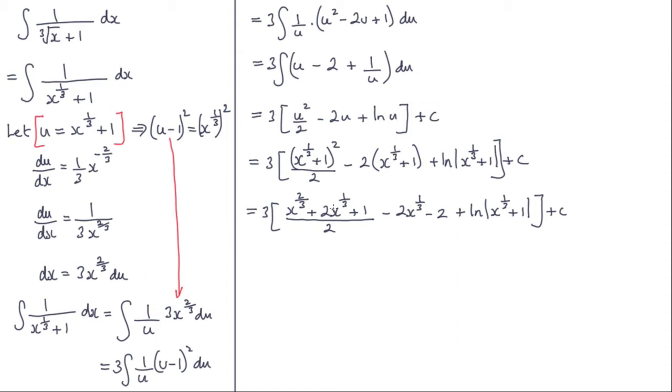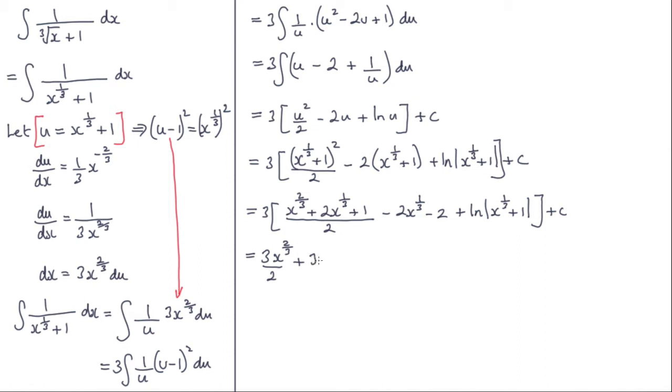Now we can see here I've got an x to the power of 1 over 3 and an x to the power of 1 over 3 here. And looking at that, we'd have a 1 here. So let me write them separately, hopefully you can see it better. And I'll expand with this 3 as well. So I've got 3x to the 2 over 3 over 2, plus, here the 2s will cancel. I'll have to multiply by this 3.